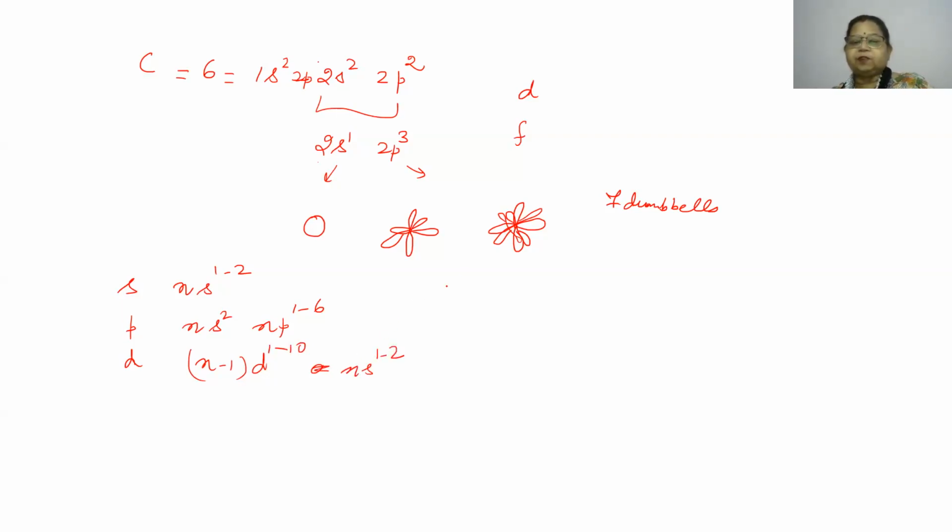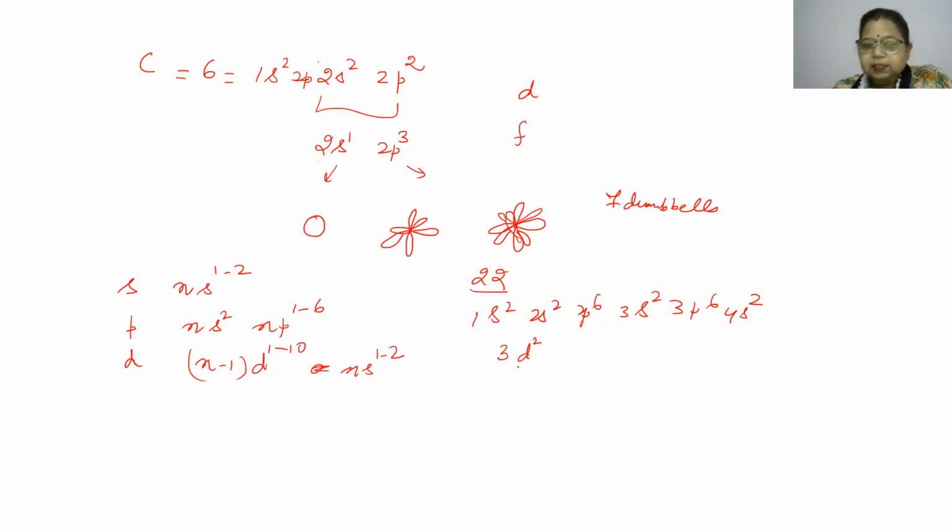More importantly, if you look at the configuration of any of the D block elements, let's say take 22: 1s2, 2s2, 2p6, then 3s2, 3p6, 4s2, 3d2. Do you realize where this d electron is entering? Is it entering the valence shell, or is it entering the penultimate shell?